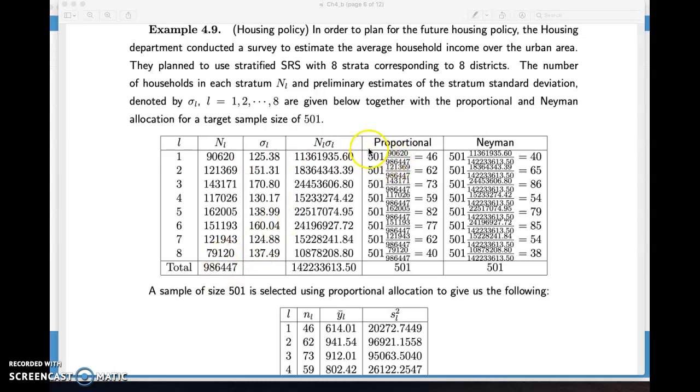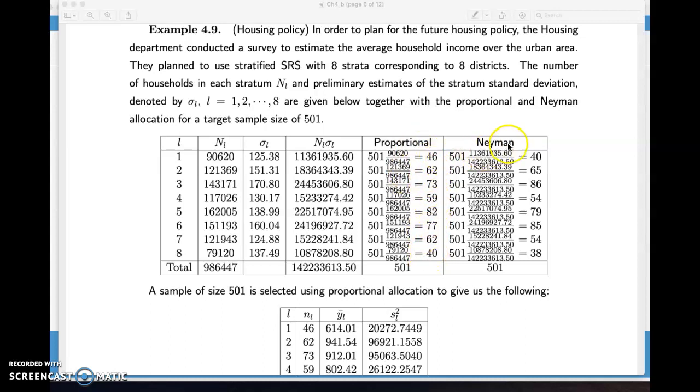We allocate this 501 at the same proportion of the population size of stratum 1 to the total. So that becomes 46. For stratum 2, again, 501 is my sample size, multiplied by the population in stratum 2 with respect to the total population, etc. We do that with my proportional allocations.